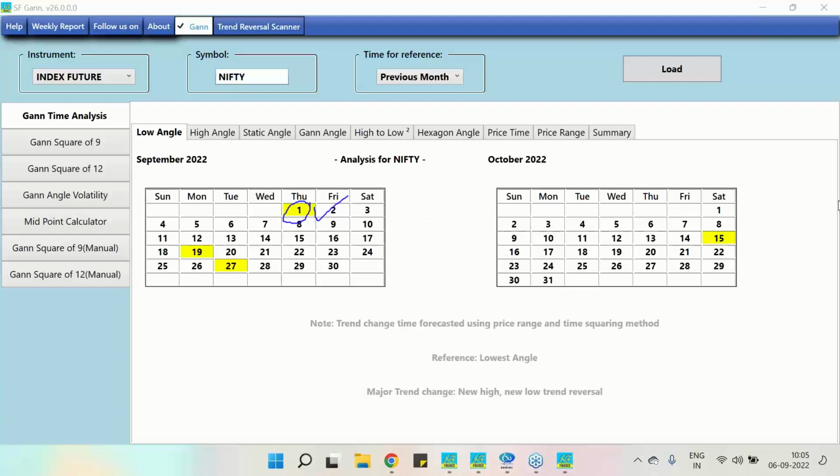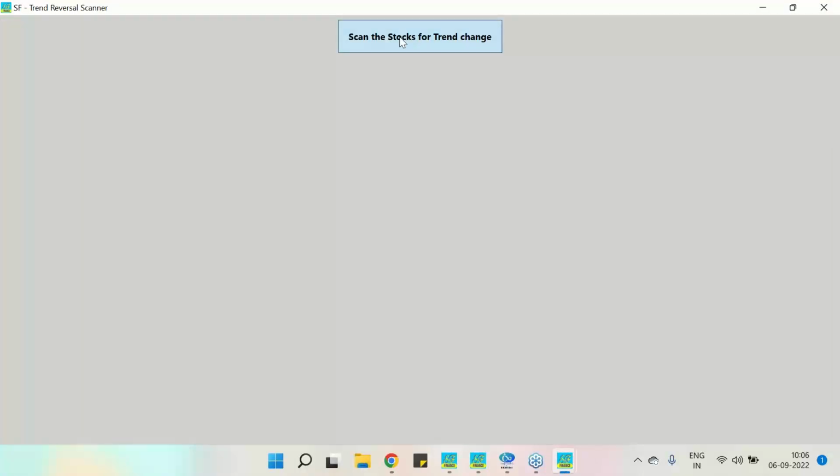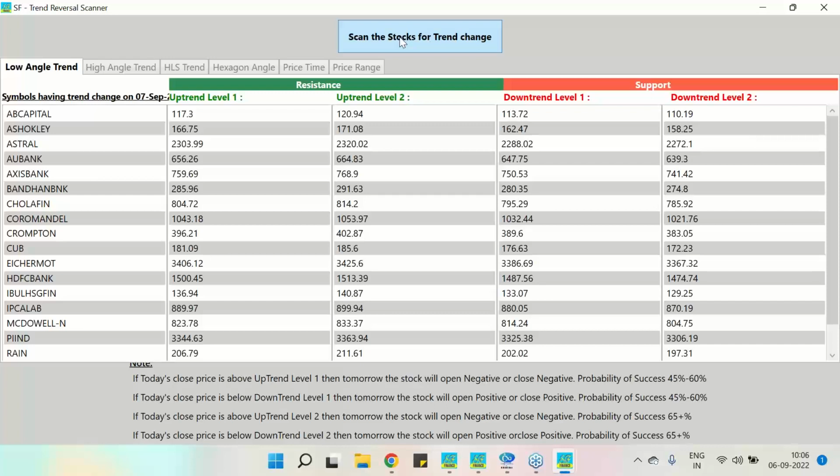So see for the other dates; on other days also we can see the trend reversal actions. Go to the trend reversal scanner. This tool gives the trend reversal dates for tomorrow. If you are calculating the levels today, it will happen tomorrow.